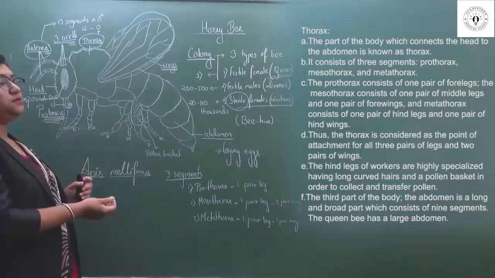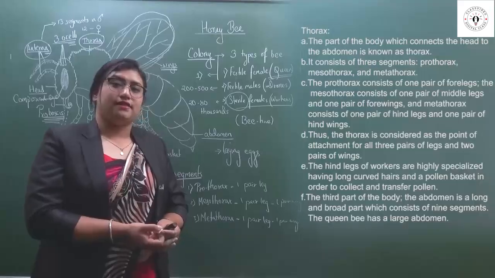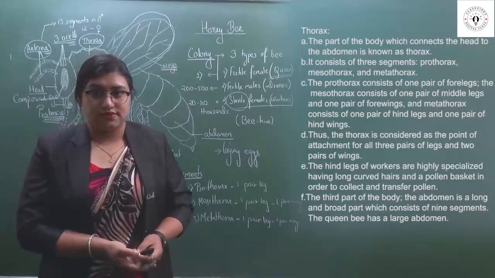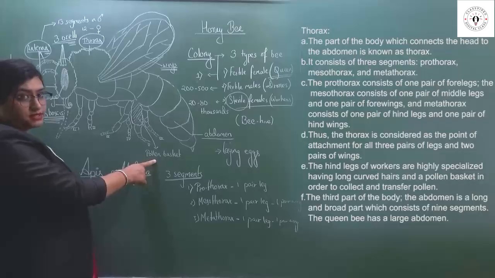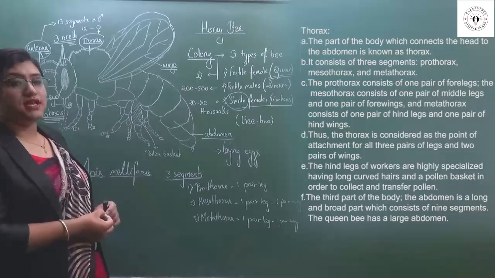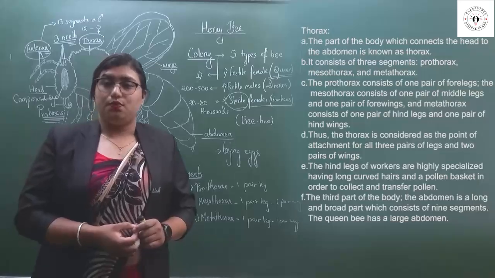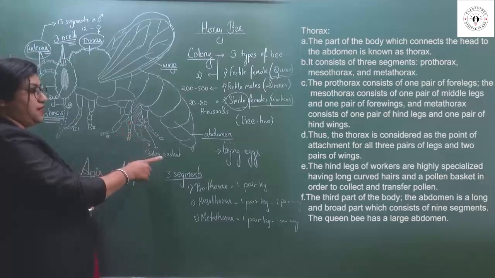That is why the worker bees are the ones who need to go out, and then they need to collect the pollens and nectars. And those pollen grains are collected in the pollen basket. That means whenever they go out and rest on a certain flower, the pollens from that flower get attached to this pollen basket.